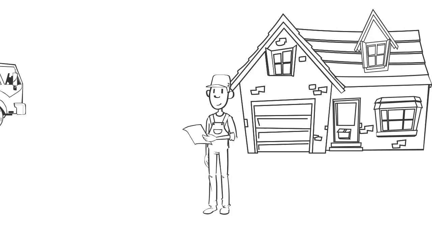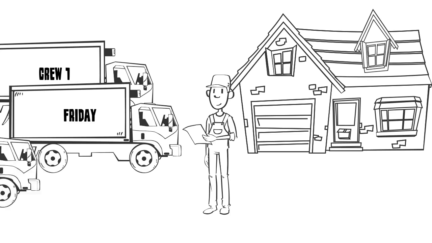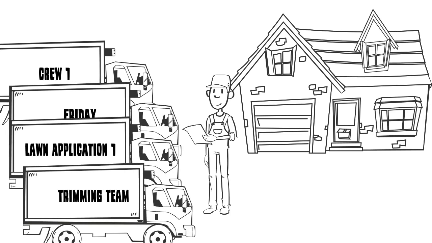If you have crews or workers, you may want to divide the day's jobs up and assign them to their associated worker or crew's route. The route names would typically correspond to the name of the worker or truck, like Bob or Crew 1. However, the software lets you name your routes whatever you want. Other examples could be Friday's route, Lawn Application 1 route, Trimming Team route, etc.